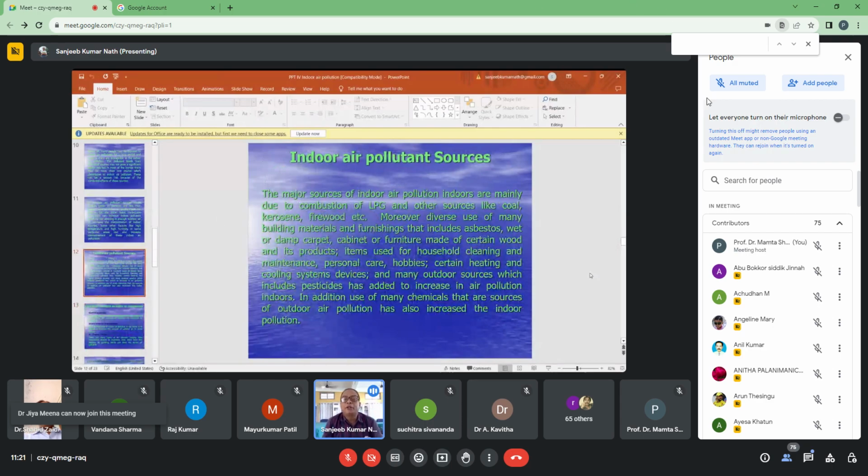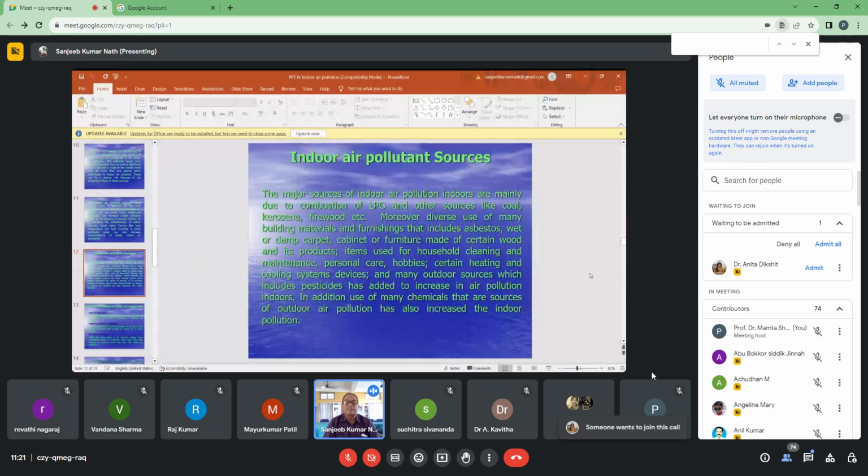Sorry. Indoor air pollutant sources. The major sources of indoor air pollutants are the combustion of LPG and other sources like coal, kerosene, firewood, etc. Moreover, diverse use of many building materials and furnishings that includes asbestos, damp carpet, cabinet or furniture made of certain wood and its products, items used for household cleaning and maintenance, personal care, hobbies, certain heating and cooling system devices that we use in our day-to-day life, and many outdoor sources, which includes pesticides, have added to the increase in air pollution inside.